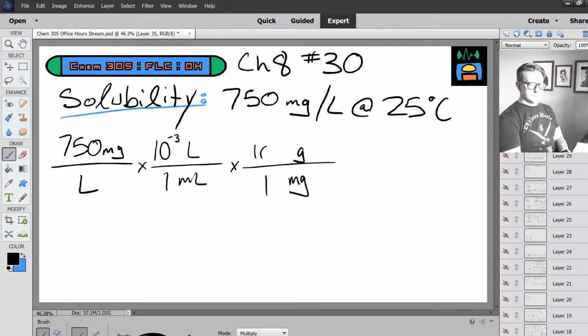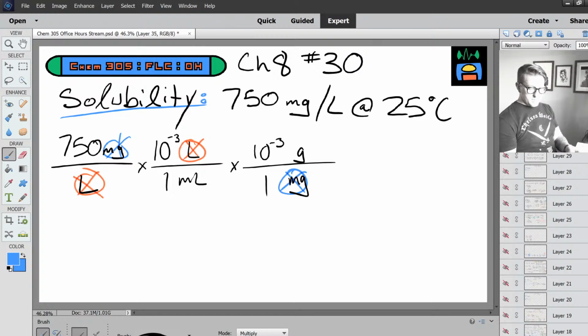Maybe this will help us make a more informed decision. 1 milligram is 10 to the negative third grams. You'll notice liters cancel and milligrams cancel.